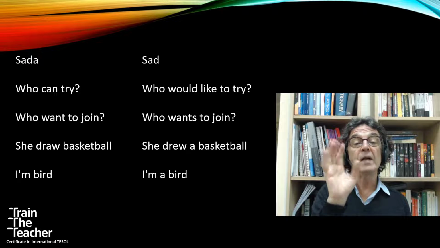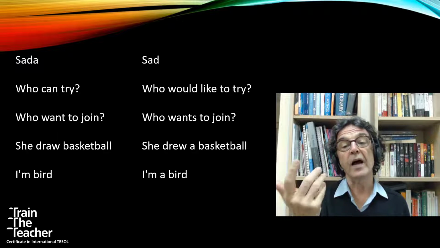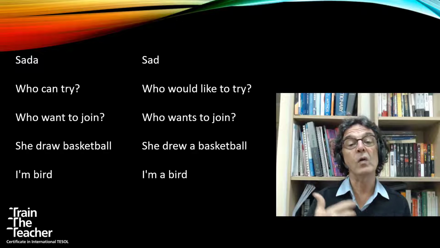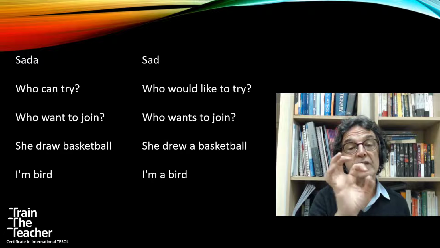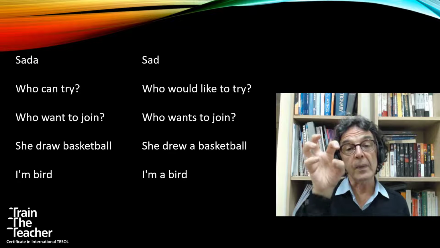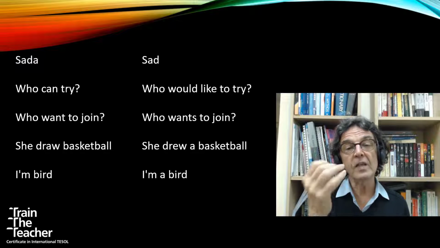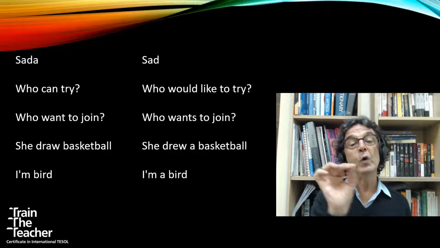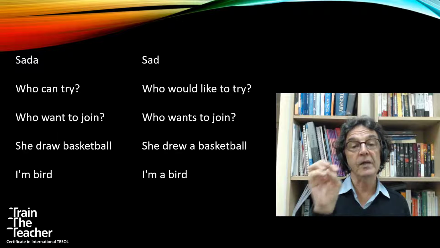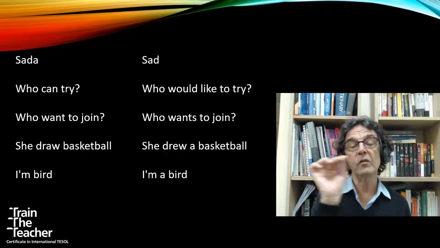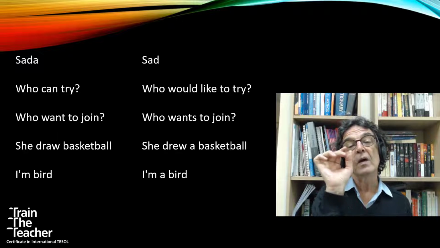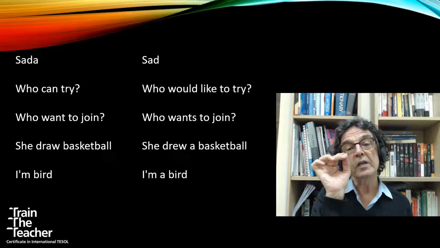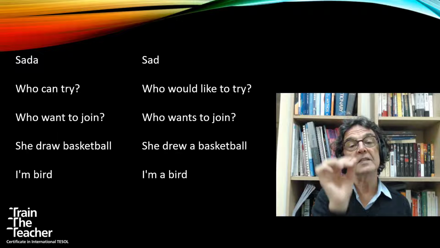And that's okay. "Who would like to try?" is a better model of language that you can use for your learners. You're introducing that modal verb would plus like, and it's giving them a better model of language that they can work with. "Who want to join?" is a nice, interesting problem, because who in English is almost always singular.